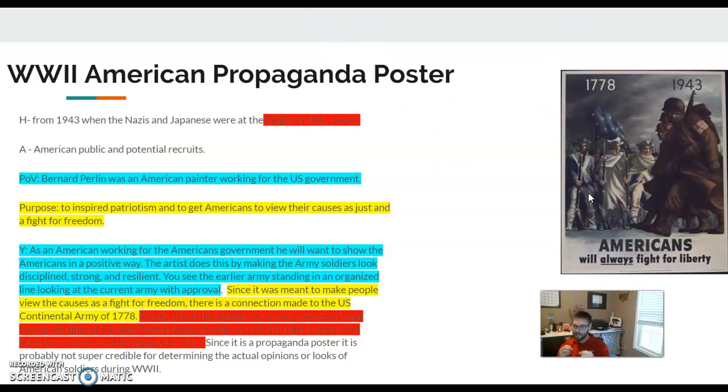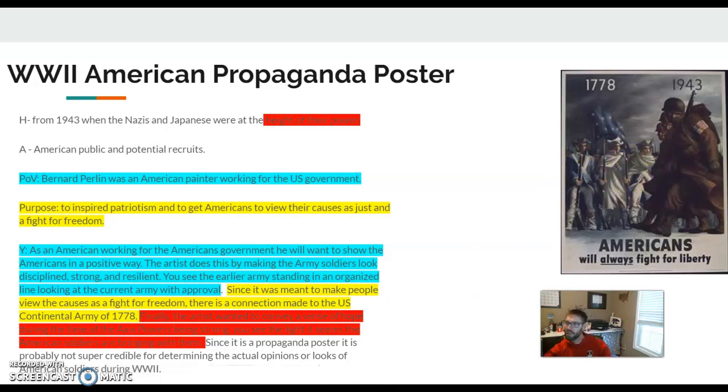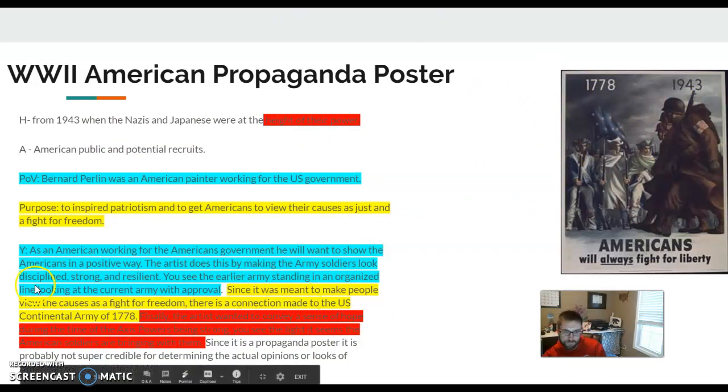So you get that the Continental Army fought for freedom, so this is a fight for freedom too. The artist may want to convey a sense of hope during a time when the Axis powers are strong. So we talked about the context: it's made when the Axis are strong. Well, I need to inspire people. I need to give them hope. And a way this poster does that, you'll notice the soldiers are bringing the light with them into this cloudy darkness.